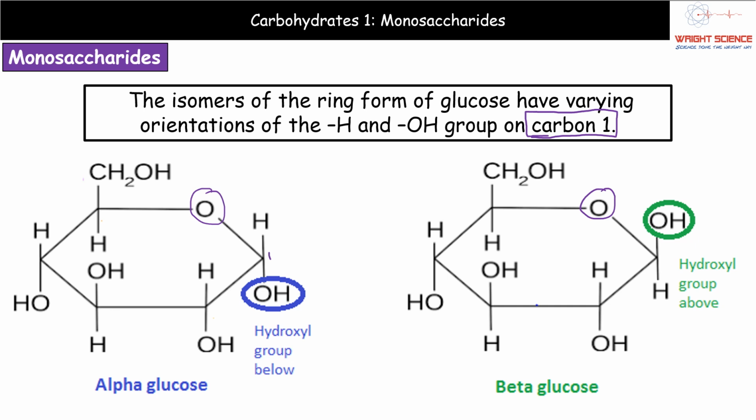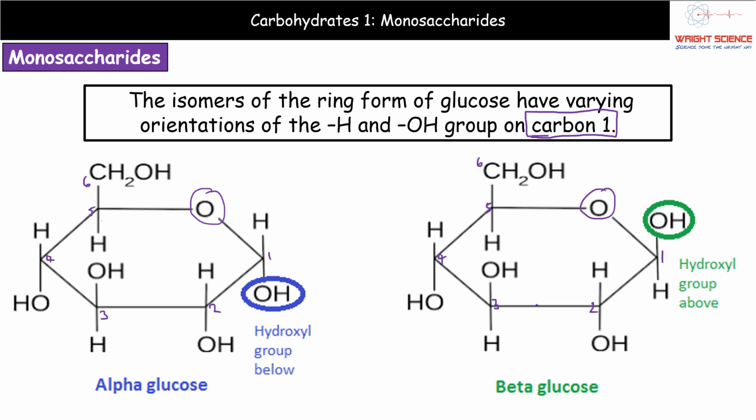So we've got carbon 1, carbon 2, carbon 3, 4, 5, and up top is 6. And it's exactly the same on the right, carbon 1, 2, 3, 4, 5, and carbon 6. So we've got our 6 carbons because glucose is a 6 carbon sugar.